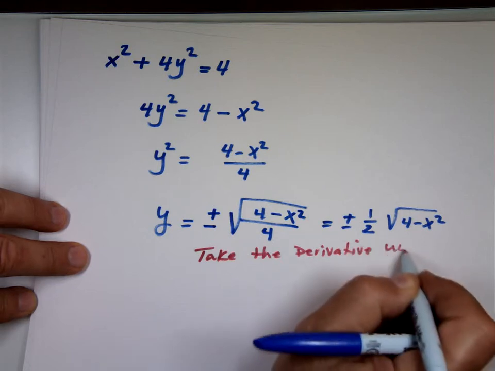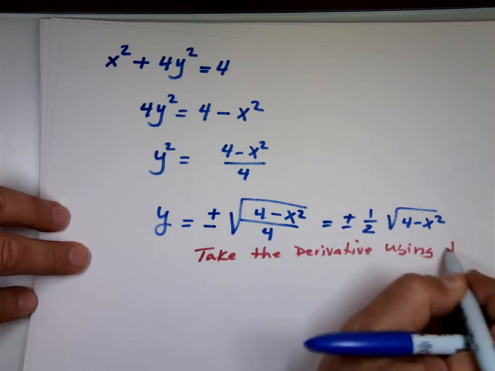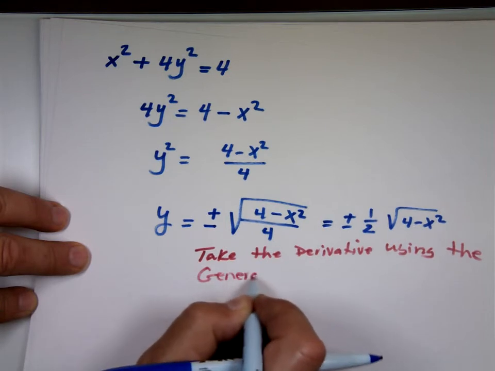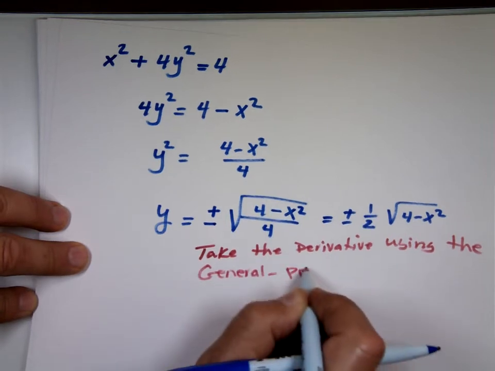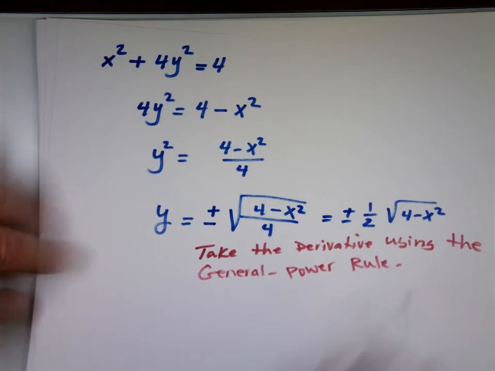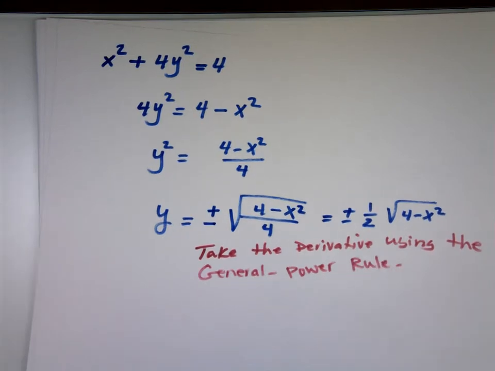So now take the derivative using the general power rule. First, if I leave it plus or minus, I have a problem. Why?